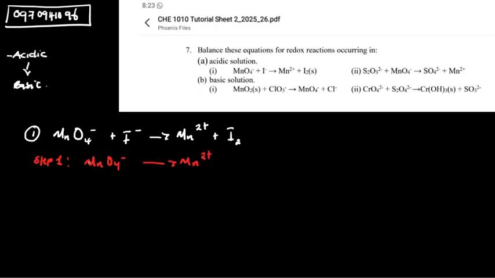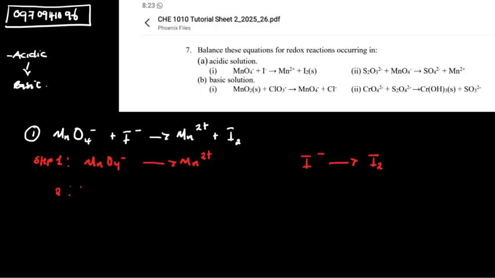Then the other one is, so I'll write them this side, the iodide ion, I minus, will basically produce iodine. Iodine will produce that.